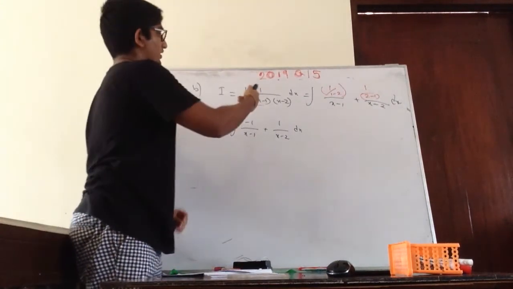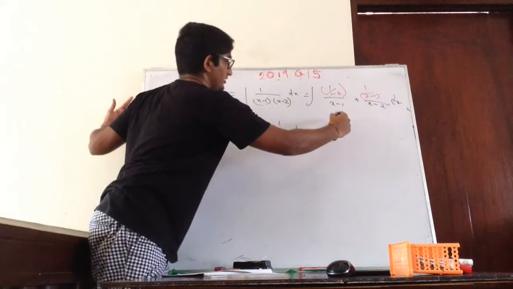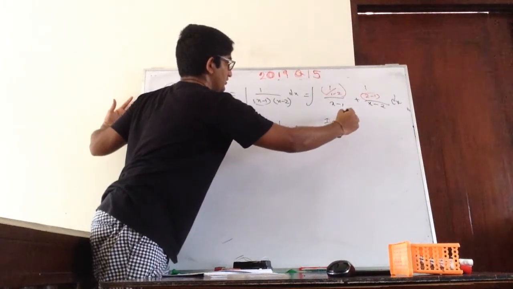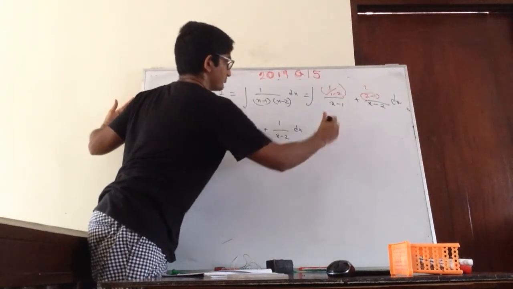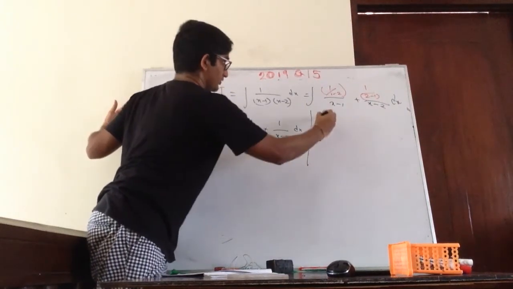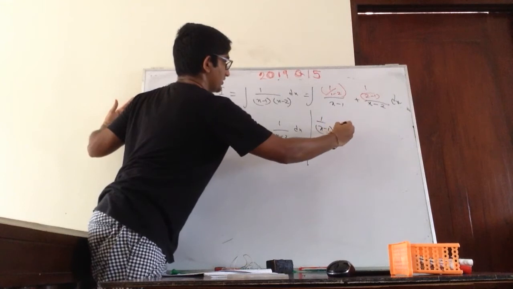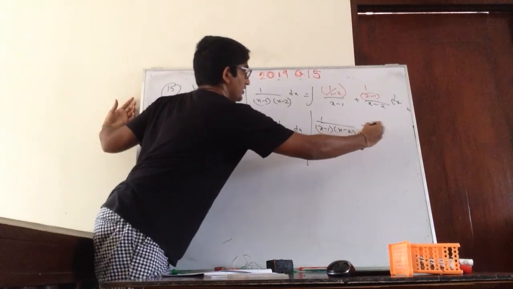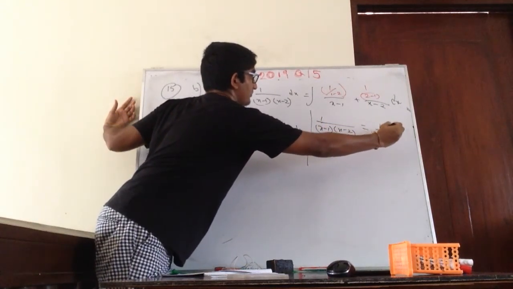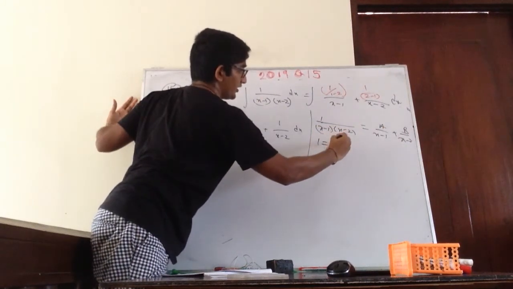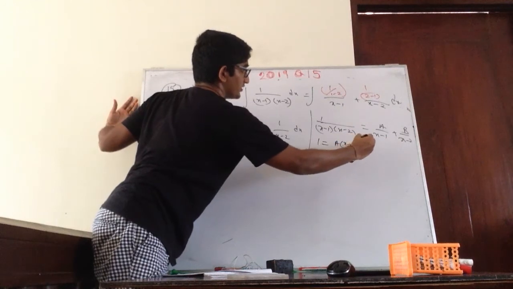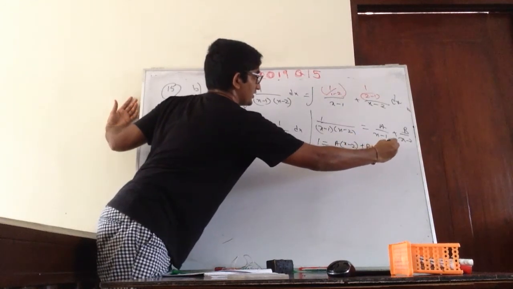Or else you can find this in the normal way, which is using the 1 over x minus 1 times x minus 2 as a over x minus 1 plus b over x minus 2, so 1 equals a times x minus 2 plus b times x minus 1.